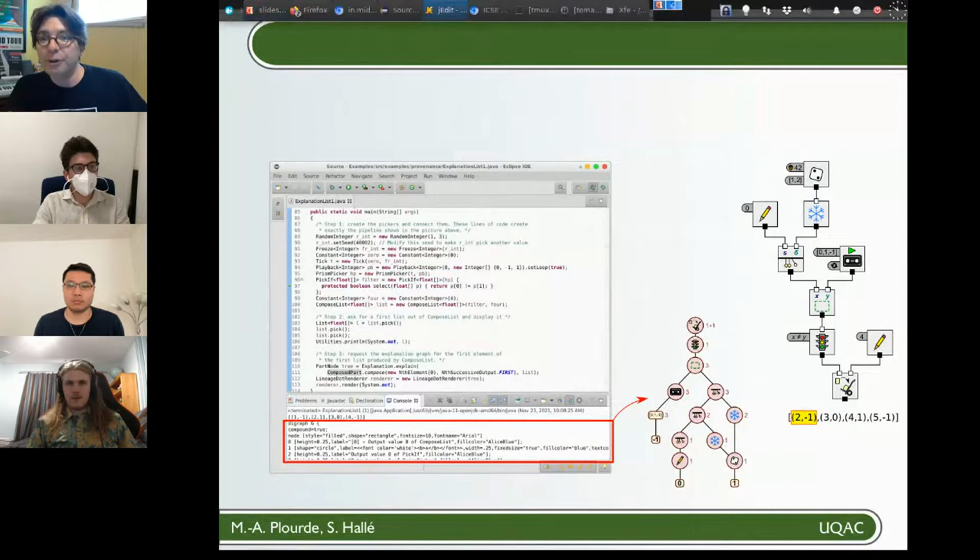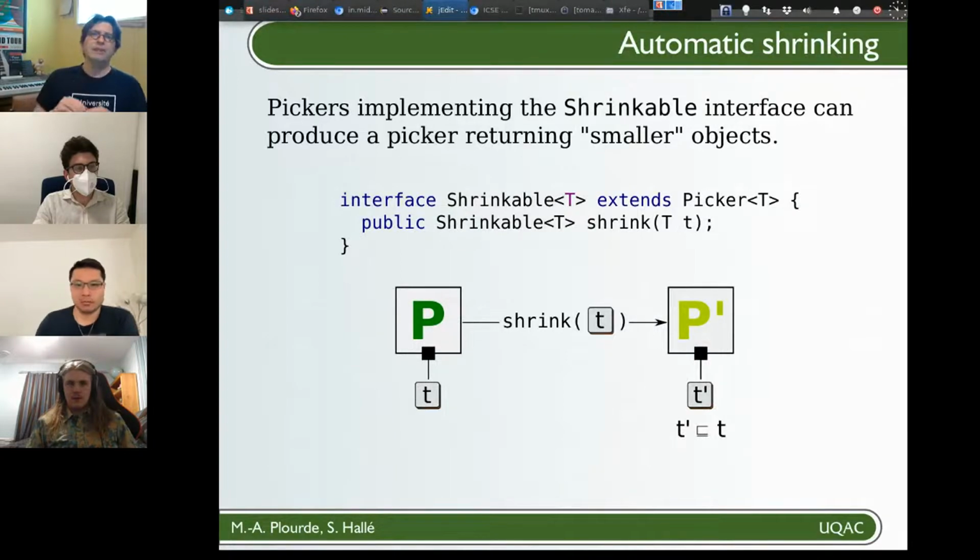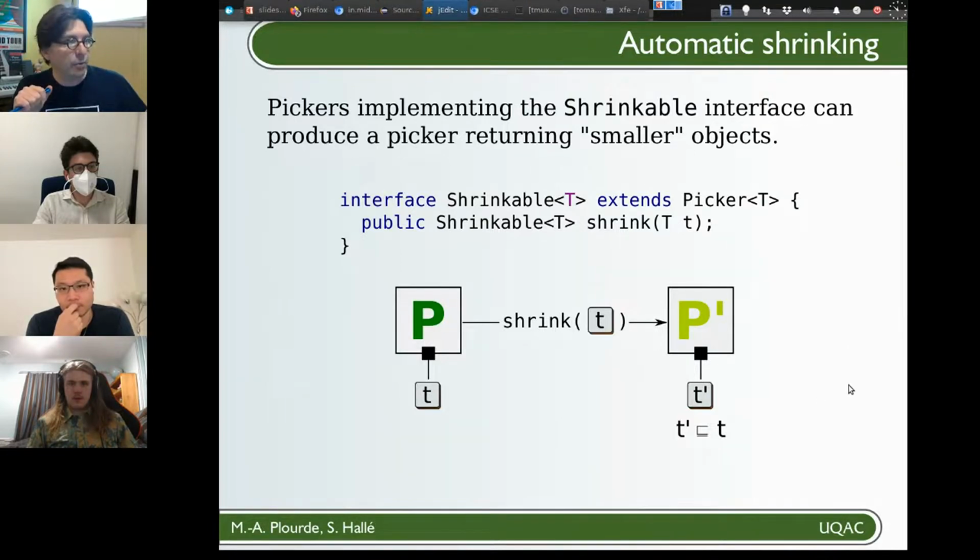A third feature that I will talk about is called input shrinking, which is similar to what can be done in implementations of the QuickCheck framework. So here is an example where you have a list of integers that are randomly generated until one is found that exhibits a fault in the underlying sorting algorithm.